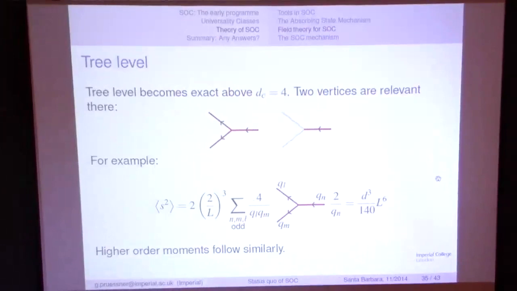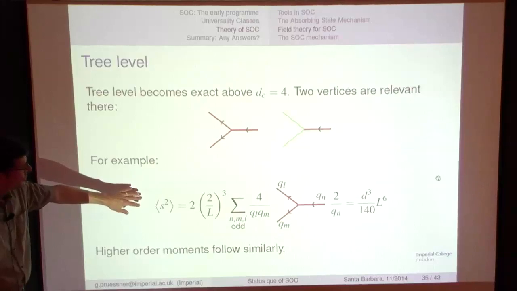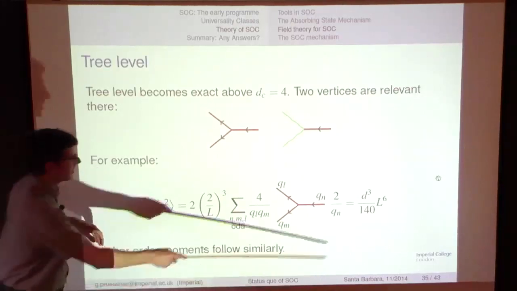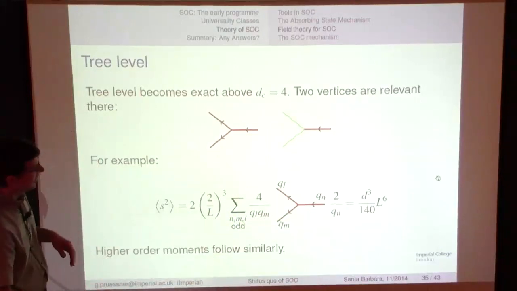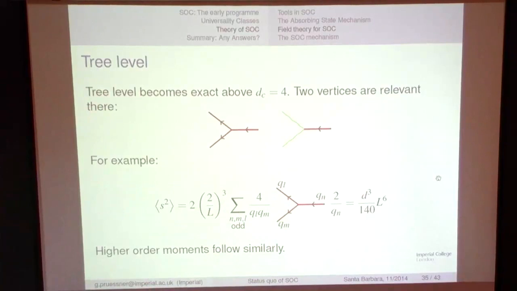So if I run simulations at, say, dimensions greater than 4, because at 4 I expect to see logarithmic corrections, so I go to dimension equal to 5, I know that what I should see in the numerics should correspond to my tree-level diagrams. So I've done that as well, and the scaling comes out pretty much automatically. What is interesting are then these prefactors, and you can construct very easily universal amplitude ratios.